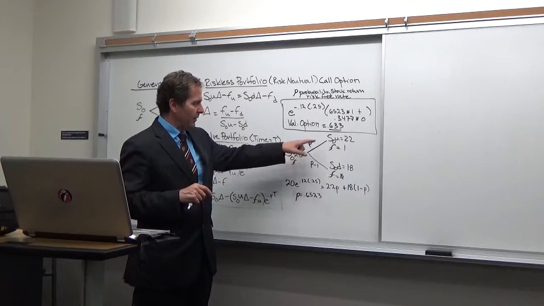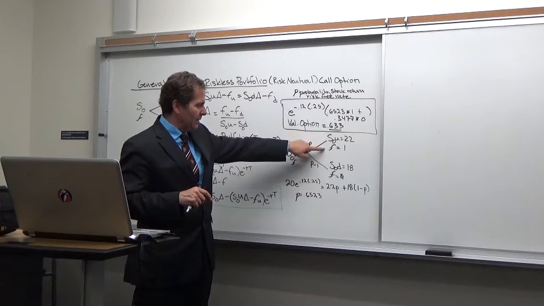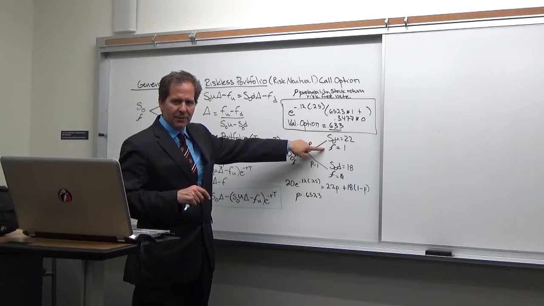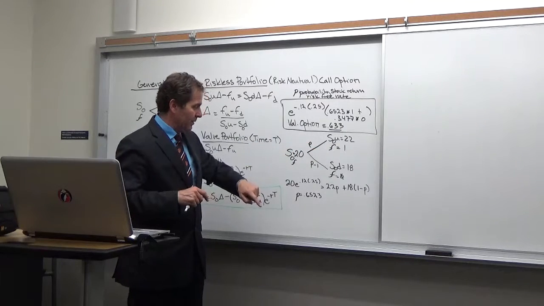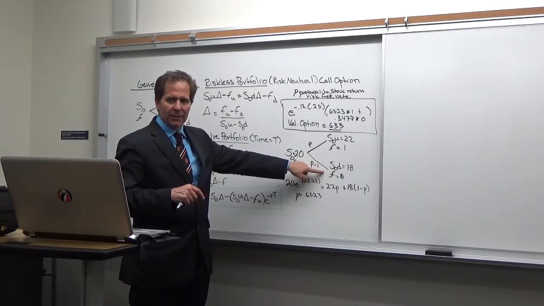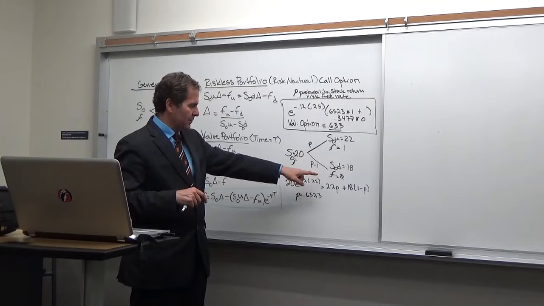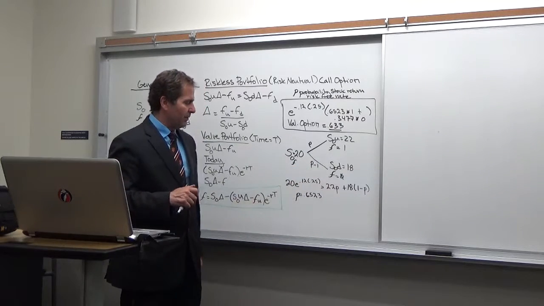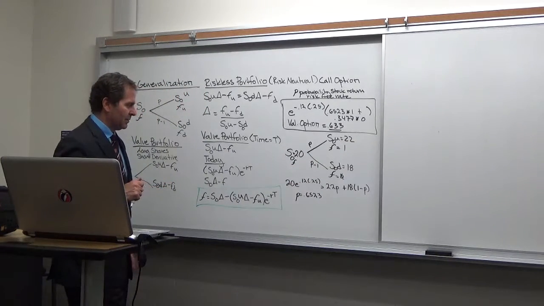First, having the stock value on the up and the price of the call option on the up, which is in the money, and the stock price on the down, where the value of the option is 0.